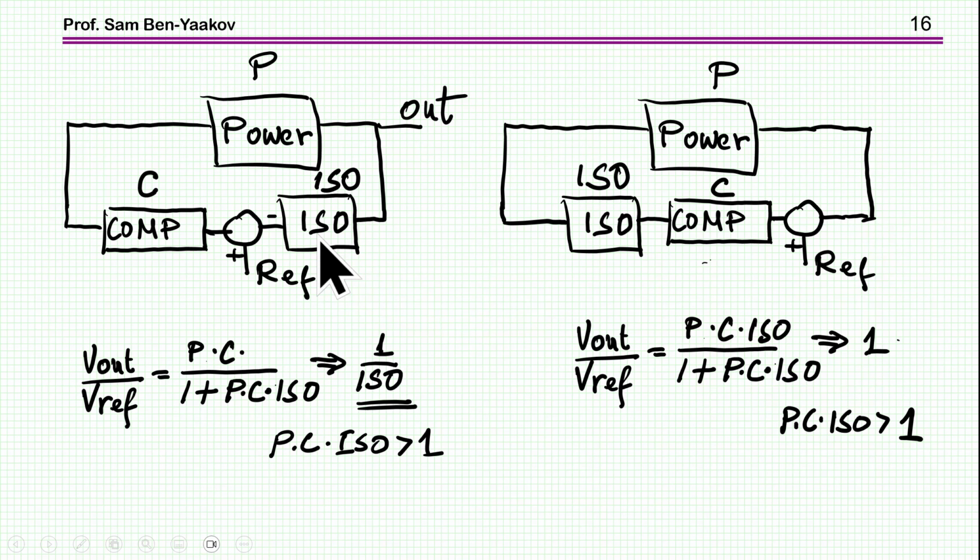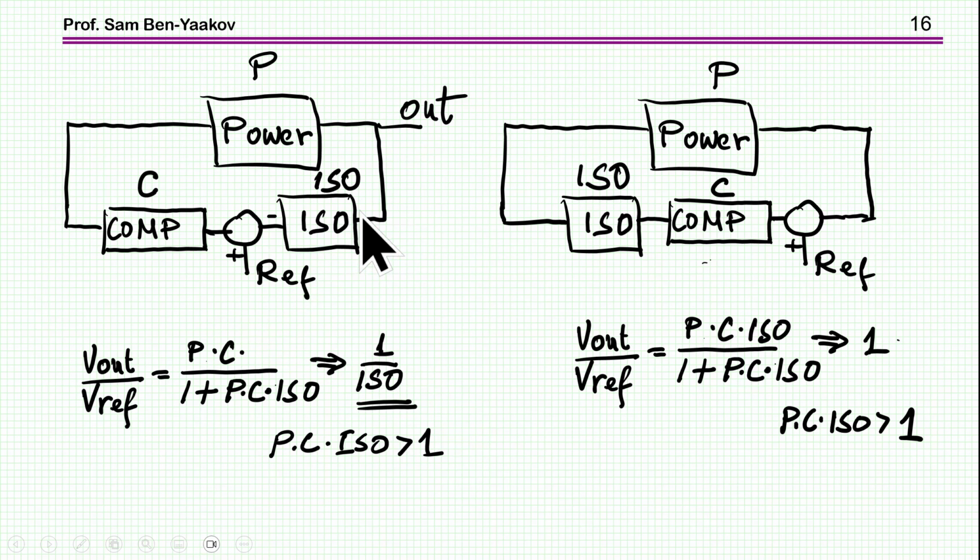Now what happens here? If I take the transfer function between the reference and the output, I have the gain here, these two units, P times C, and then the loop gain is the whole thing, including the isolator, here it is. So at high loop gain, the 1 drops, and we are left with 1 over the isolator, which means that there is no real good tracking of the output to the reference, but in fact within an error of this isolator.